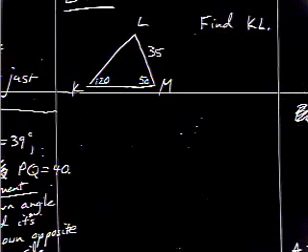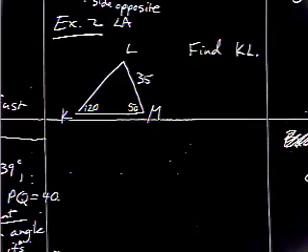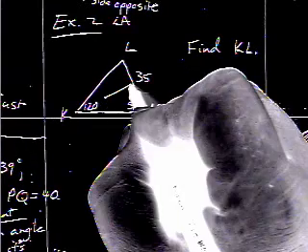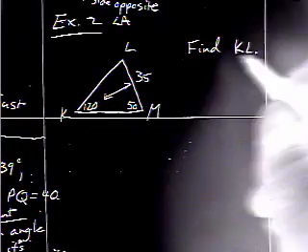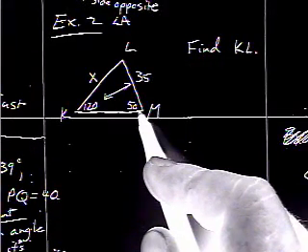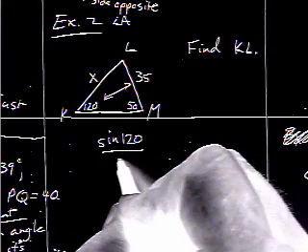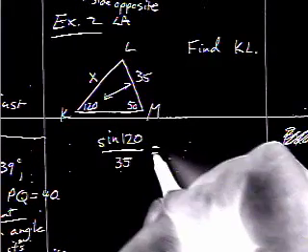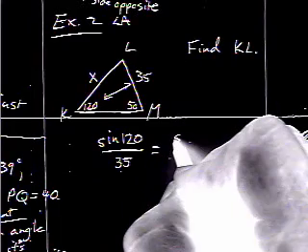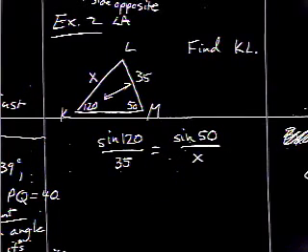Example 2. Example 2 says find side KL. Okay, so another one of these situations, I see a known angle and a known opposite side, and I'm trying to find side KL, which we already know the angle opposite it, so that's kind of nice. So we have the sine of 120 over its opposite side equals the sine of 50 over its opposite side. Okay?